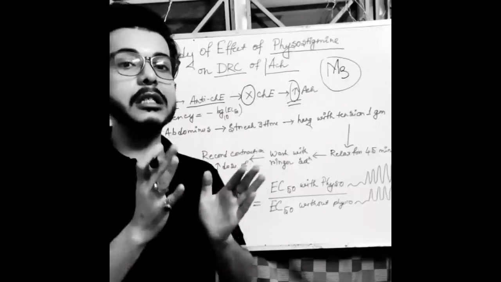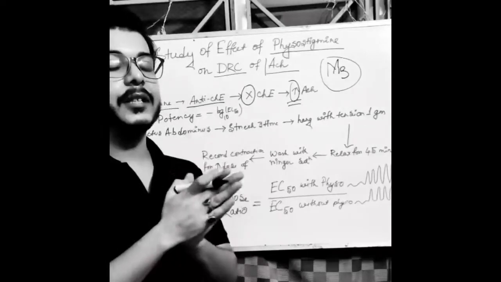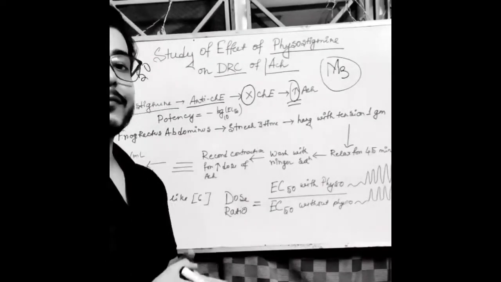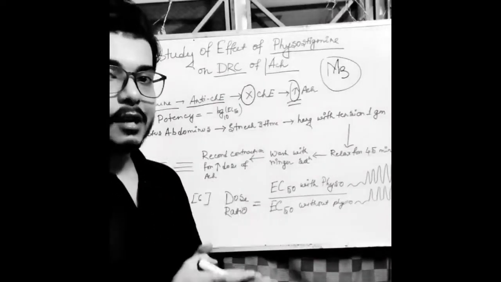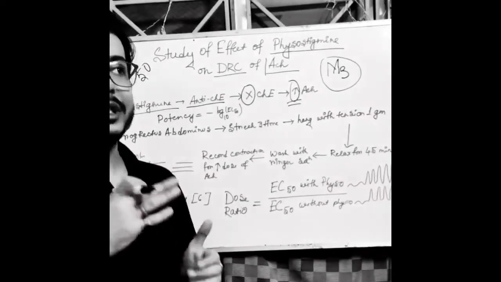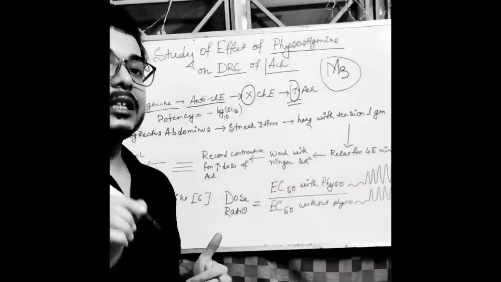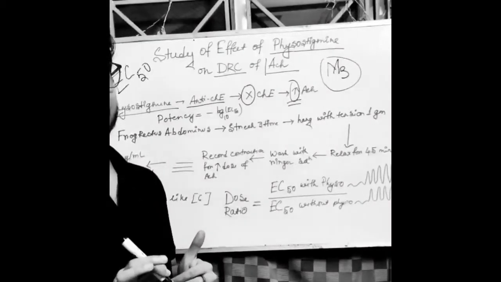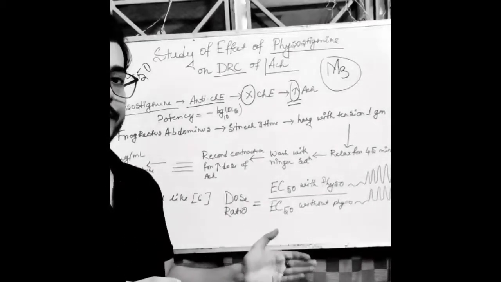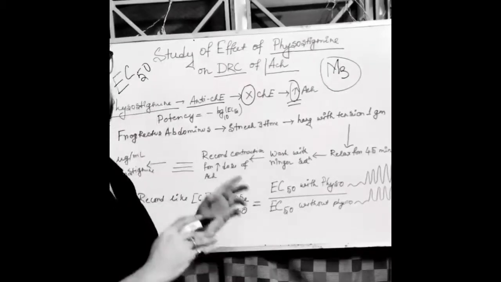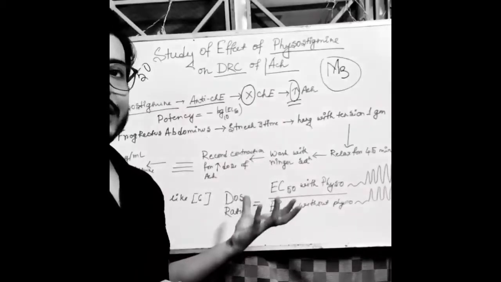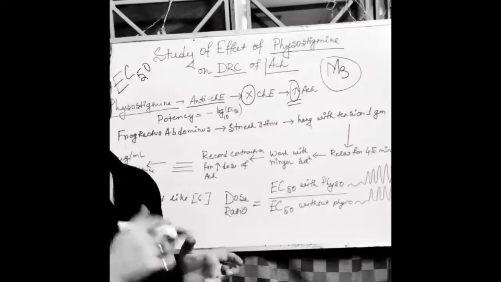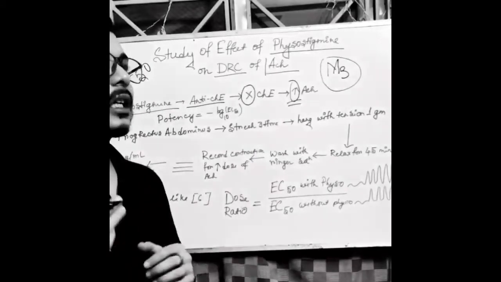So EC50 means the effective concentration of a drug which is effective in 50% of the population. Just like effective dose 50%, ED50, EC50 is the same. ED50 is a dose, calculated in mg, and EC50 is calculated in mg per ml, as it is a concentration.